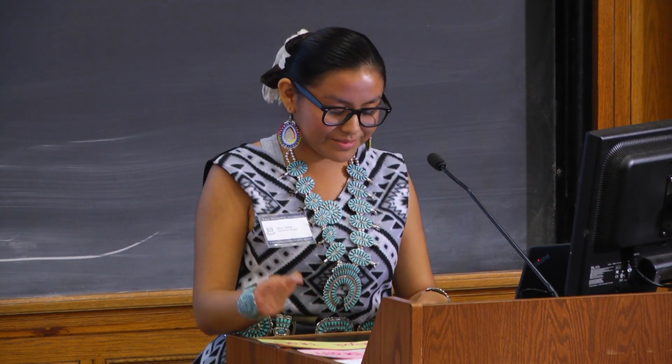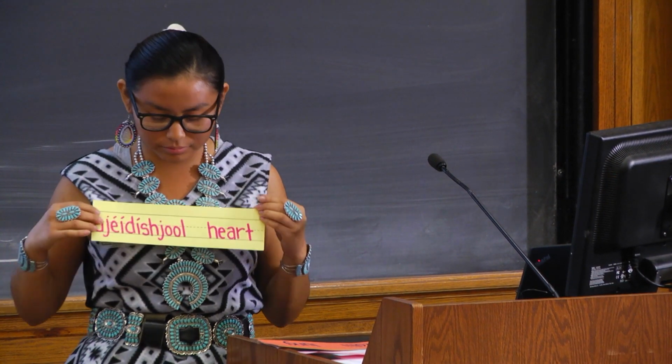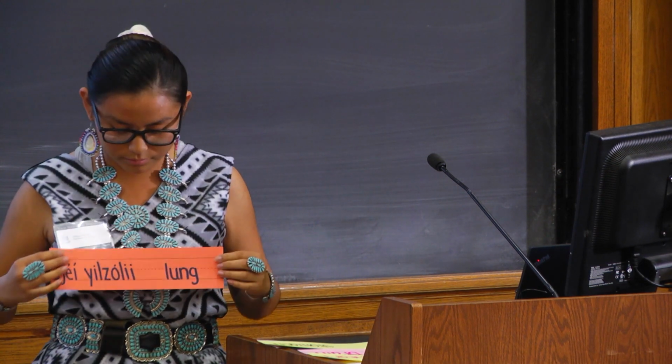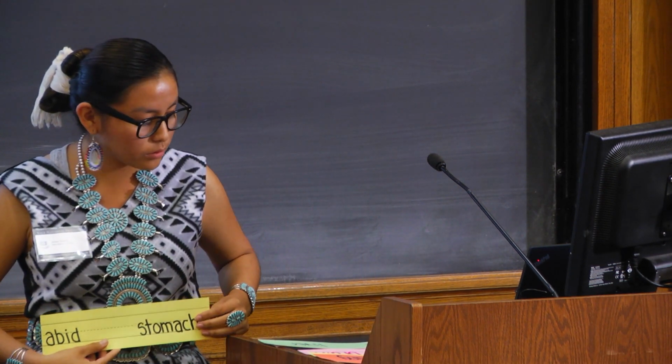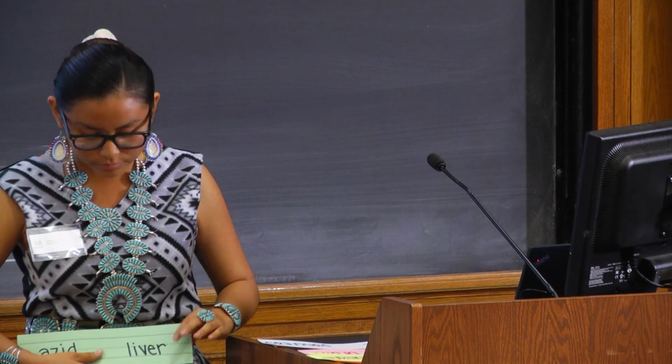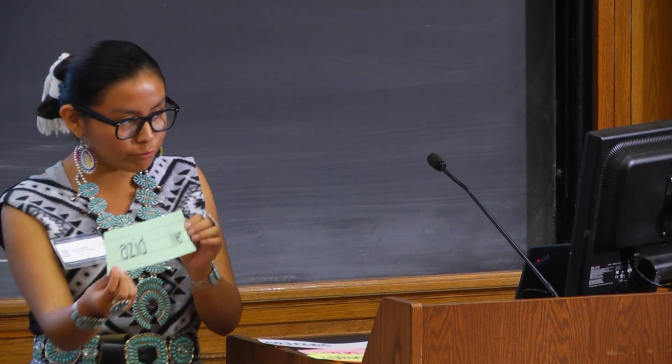Astingran is your brain. A J distrol is your heart. A J yezole is lungs. A bid means stomach. A zid means liver. A loke means pancreas.